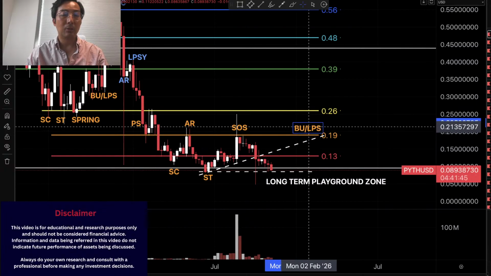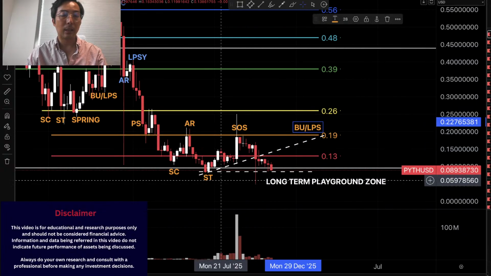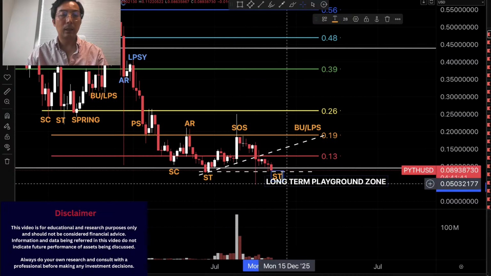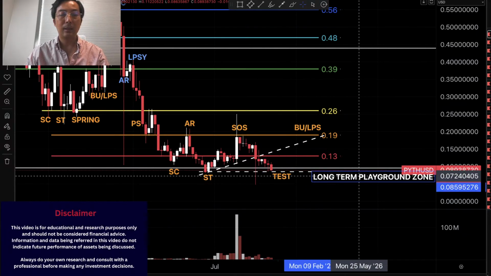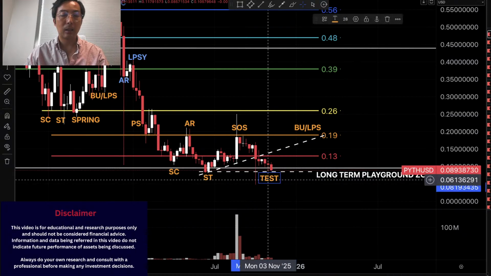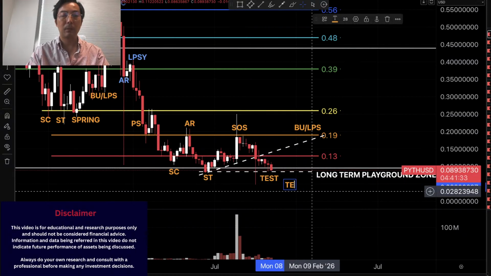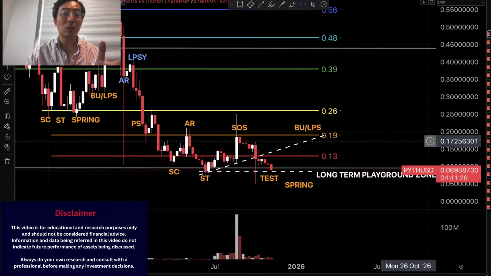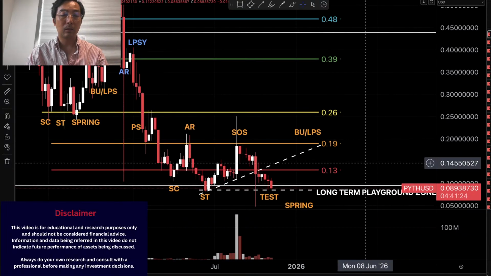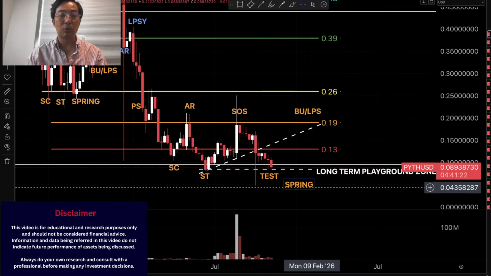Assuming this continues, what to expect is that while we are already in another test, there is a chance that a spring would show up, meaning a point that's even lower than this second test back in June. When we get to the daily chart, we'll see in detail how low that was back in June.